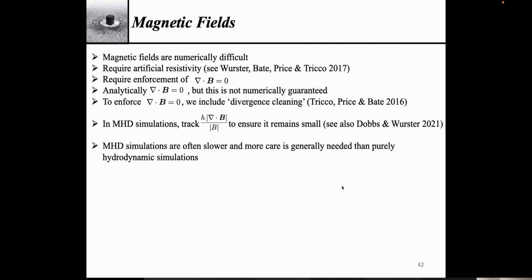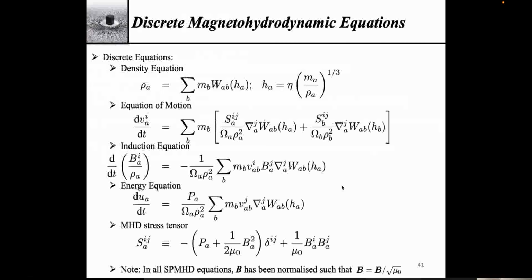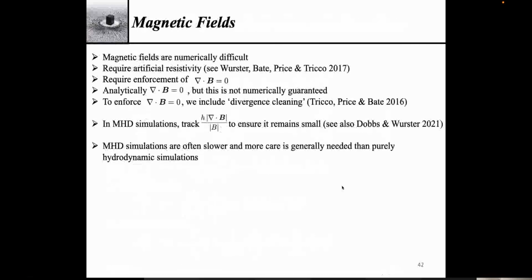Magnetic monopoles just simply do not exist. But if you go through the math on this slide and actually break things up into their individual terms, you can see that we get a numerical term that has div B in it, and due to how rounding, machine precision, and other terms work, that will be non-zero.